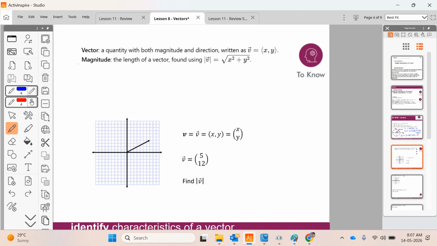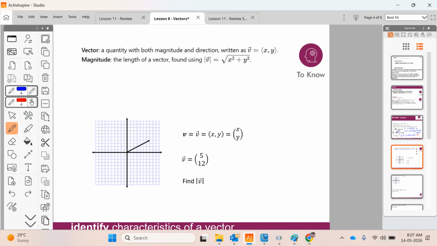So just moving on, a vector is a quantity with magnitude and direction. So you have to have magnitude, that's your r. You have to have direction, that's your theta. So r and theta give the direction and the magnitude of the vector. We write vectors typically in bold.